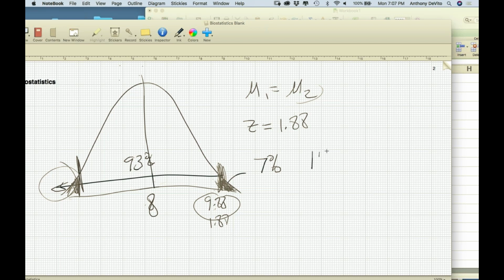So there's a 14% chance that I could get a value that far away. So if there's a 14% chance of these two means being the same, then I can't say that I'm 95% sure they're different, or that I have less than a 5% chance of saying they're different and being wrong.